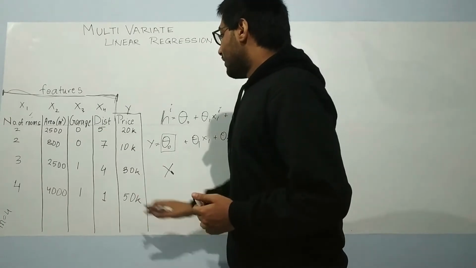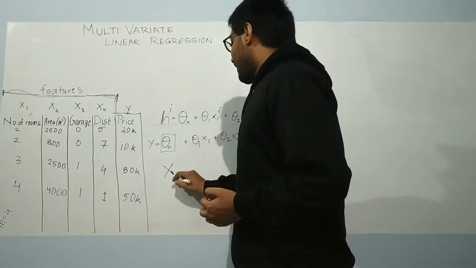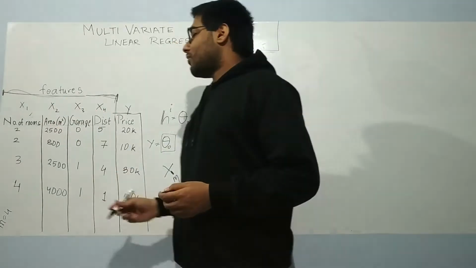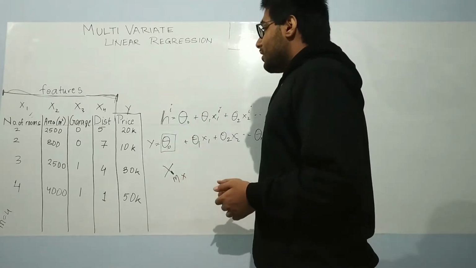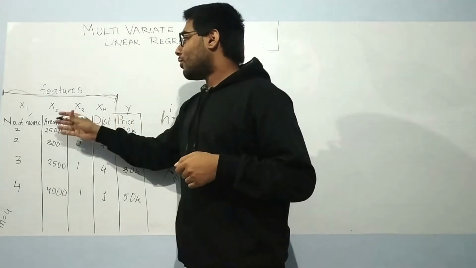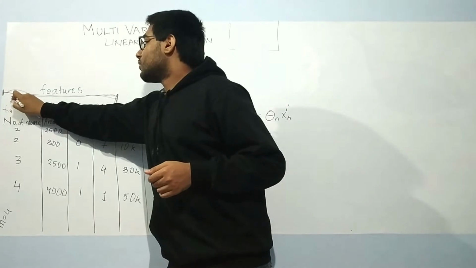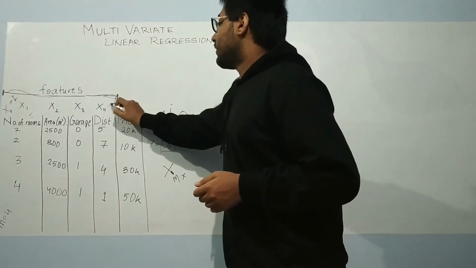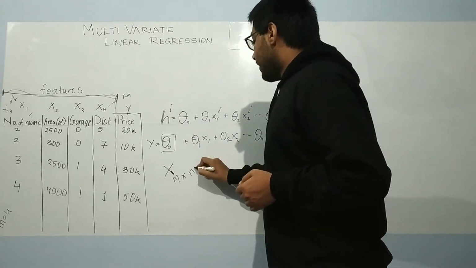The rows are the number of examples, so x would be m cross the number of features, and the features are the number of columns. But again we have x0, which is 1, so if we extend this to x of n, it would be m cross n plus 1.